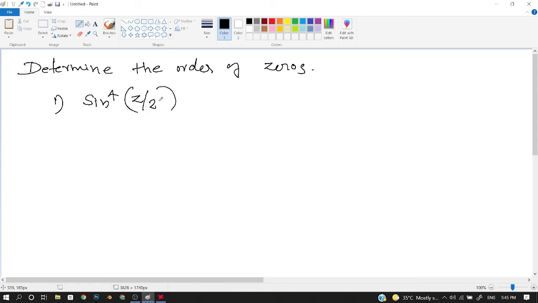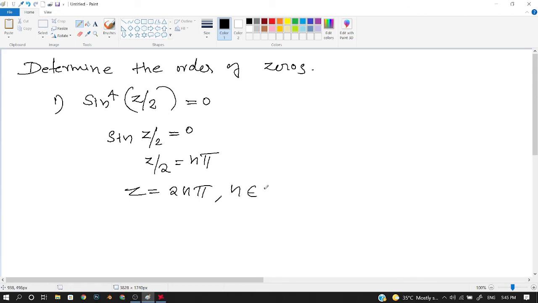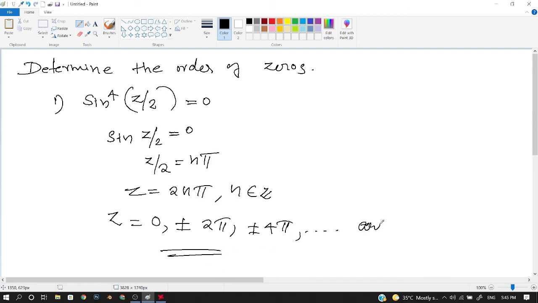That means sine raised to 4 of z by 2 equal to 0. That means sine of z by 2 equal to 0. That means z by 2 equal to n pi. So z is equal to 2n pi, where n belongs to Z. So we have z equal to 0, plus or minus 2 pi, plus or minus 4 pi, etc. are zeros of order 4.